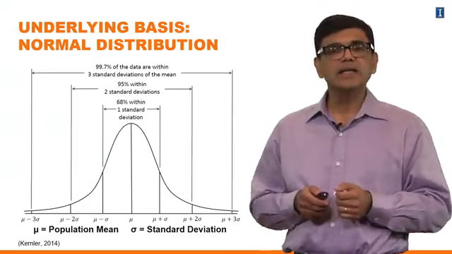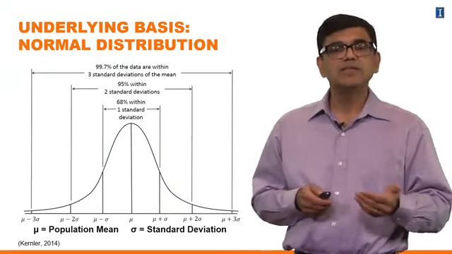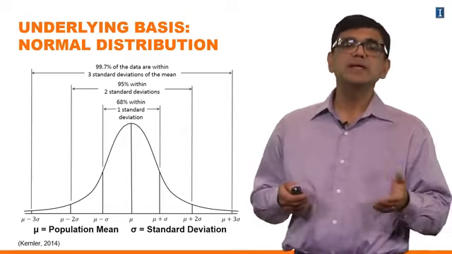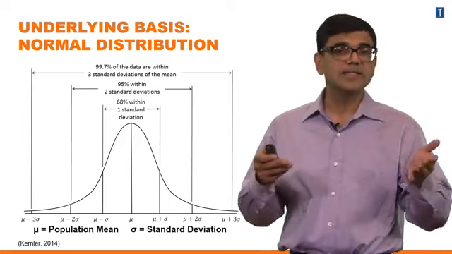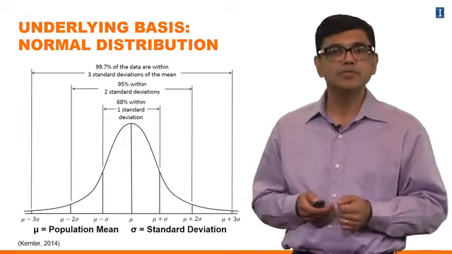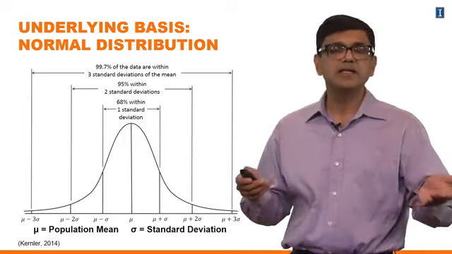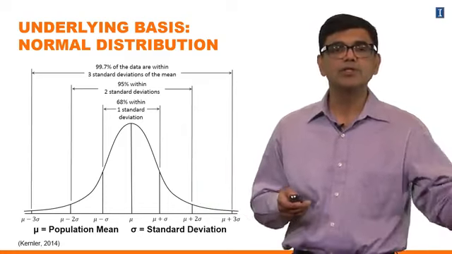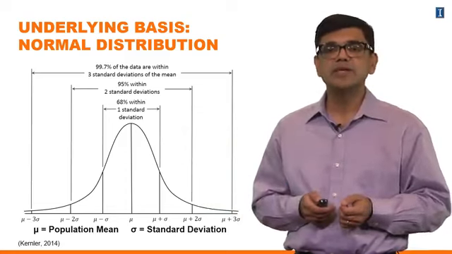Where does this whole idea of plus or minus 3 standard deviations come from? Now, some of you may already be familiar with this. The idea is coming from what we know as the bell curve, the standard normal distribution, and it's the idea that 99.7% of the observations are going to be within plus or minus 3 standard deviations.